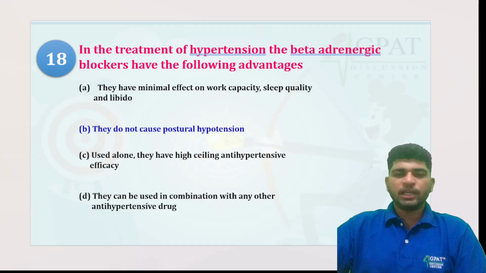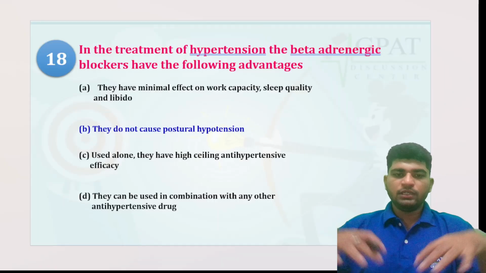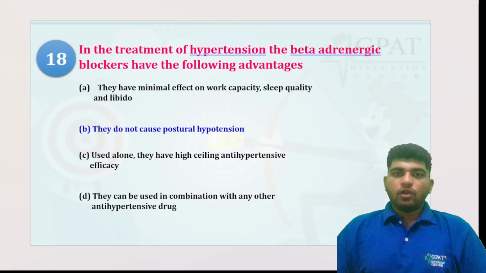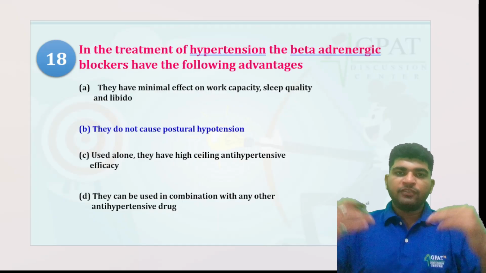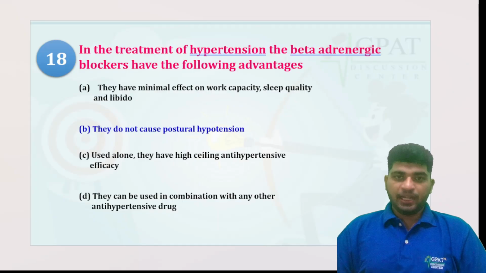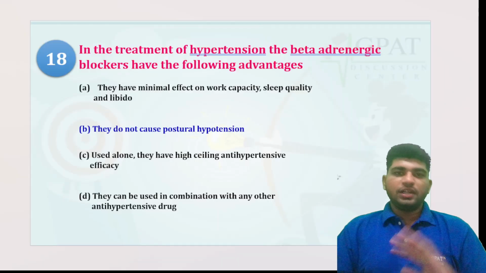So what is postural hypotension? For example, when I'm sitting on a chair and all of a sudden lift my body up to stand, I suddenly feel dizzy. It feels like the whole world is revolving around me, and I see stars around myself.